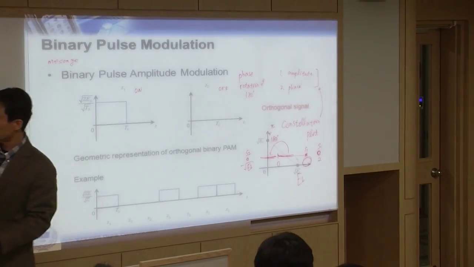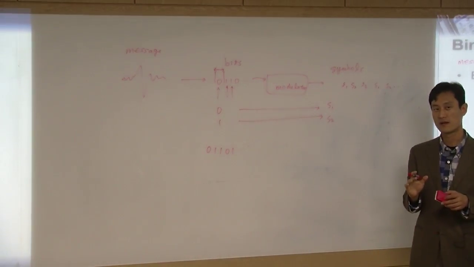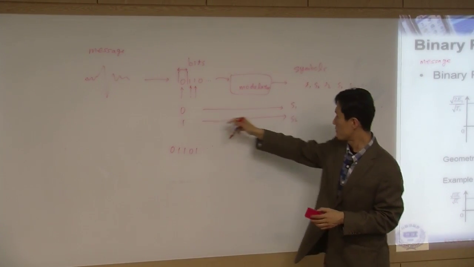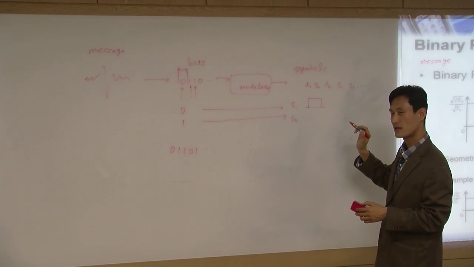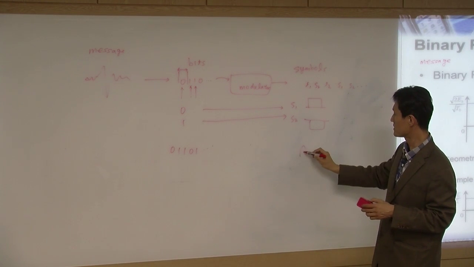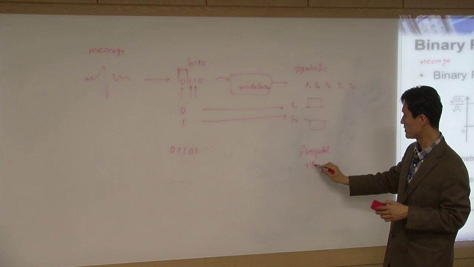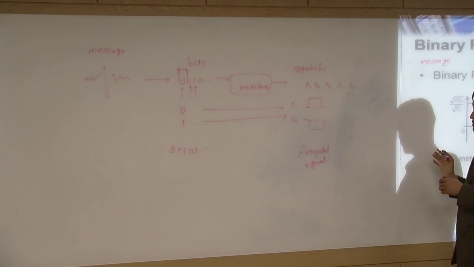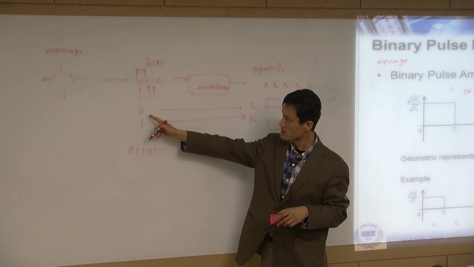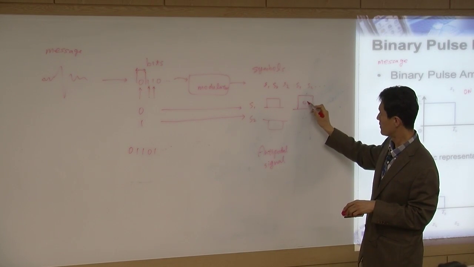So we can start from bits again. So we have these bits, but now we have a different mapping. The previous mapping was like 0 becomes positive 1, and 1 becomes negative 1. That was antipodal signal, what we just discussed in the previous slide. Now we are going to do a different mapping. The new mapping is when you have a 0, it means we have on.